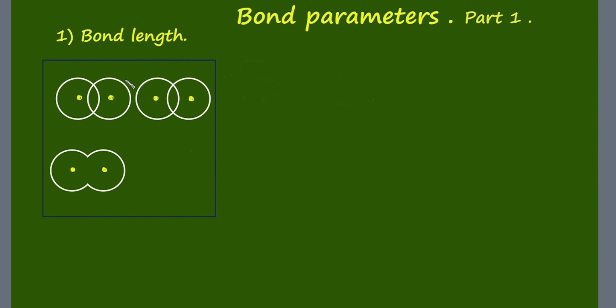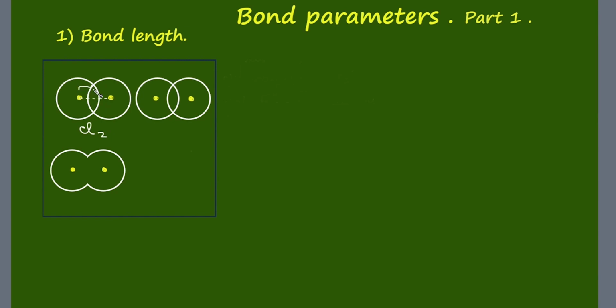If you consider a molecule of chlorine, that is Cl2, this is the nucleus of atom number 1 and this is the nucleus of atom number 2. The distance between the centers of the nuclei of these two atoms is what we call bond length. See the diagram?